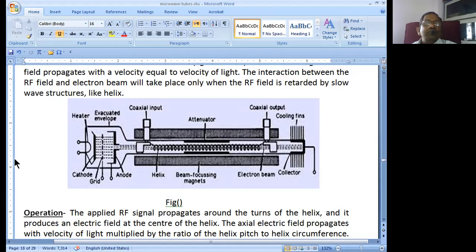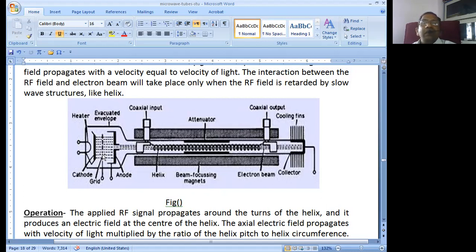On the input side, we normally have an electron gun as usual, like in a klystron tube. Inside that, you have a heater element and a cathode. The cathode is going to emit the DC electrons, and these electrons emitted by the cathode will be moving randomly in random directions.